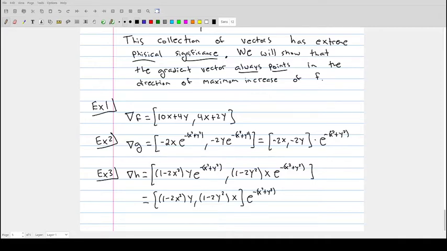So what we want to do is define multivariable differentiability, what it means for a multivariable function to be differentiable. And it turns out that the existence of the partial derivatives is in fact not enough to define multivariable differentiability. And we'll see why in an example shortly.